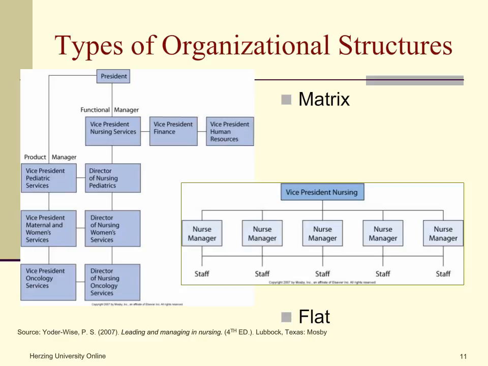And finally, the flat structure organization focuses on the delegation of decision making to the professionals doing the work. They have full authority to take these actions without seeking input from others. You can see on the right side a sample flat structure where the staff nurse has a direct connection with nurse managers.